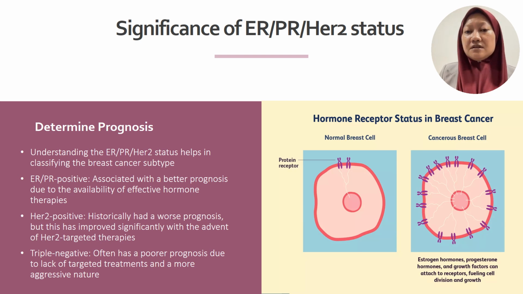HER2 positive cancer, which once had a poorer outlook, has seen significant improvement in prognosis thanks to the development of targeted therapies like trastuzumab, or we also call it Herceptin.